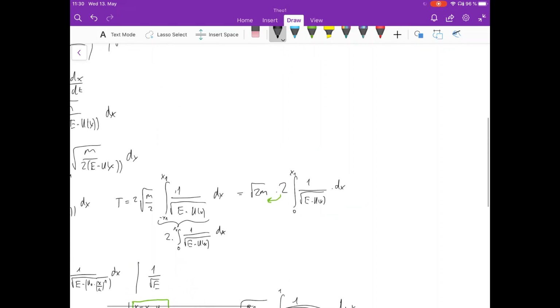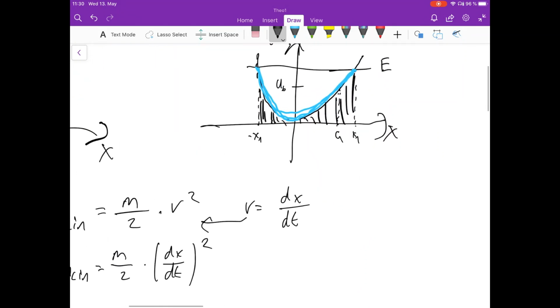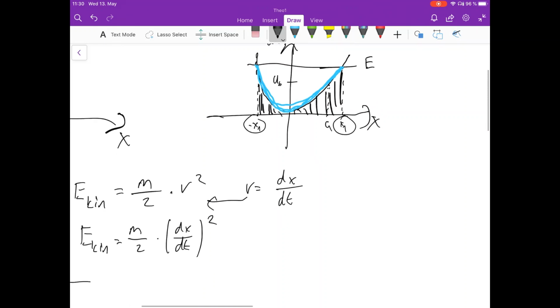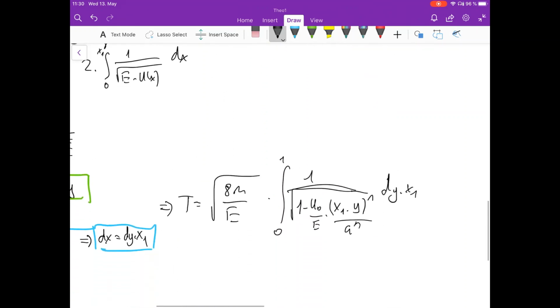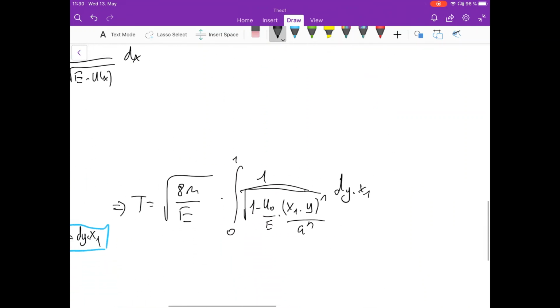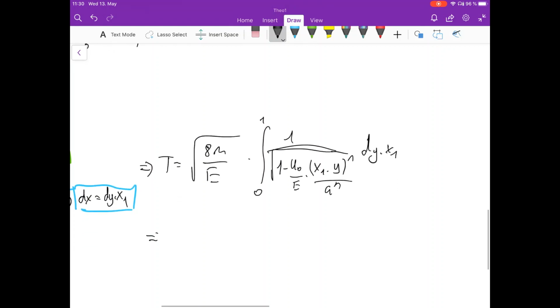Because x1 does not depend on y and is a constant here, as I drew before, a given point, we can pull this x1 out of the integral.